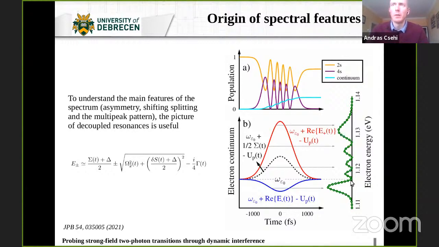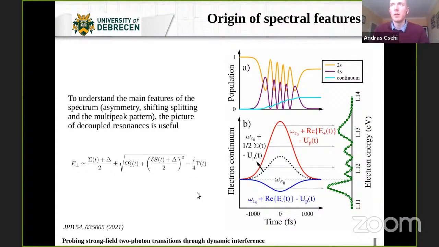So this is how one can link the spectral features to the strong field quantities such as the Stark shift and the 2-photon Rabi frequency.